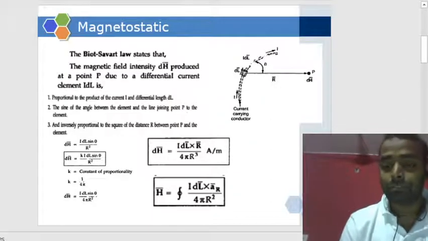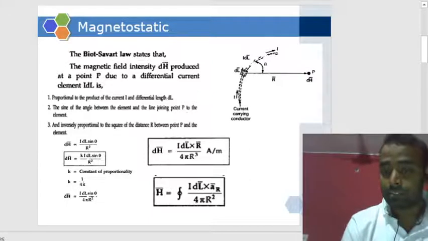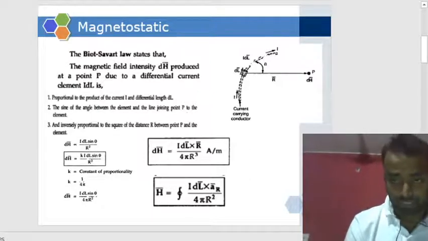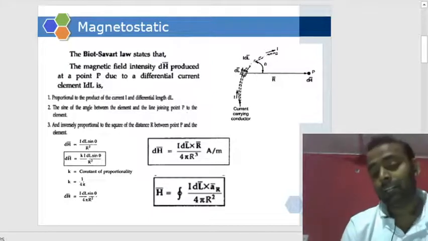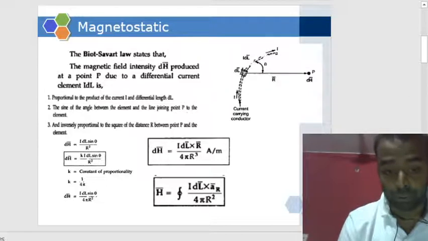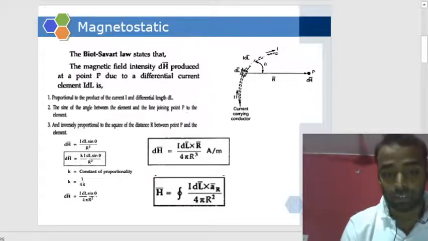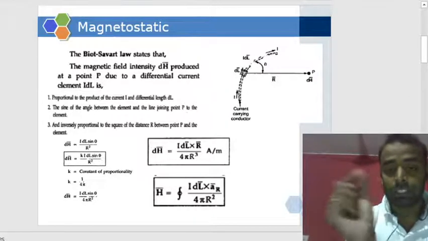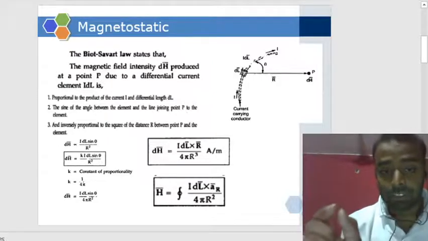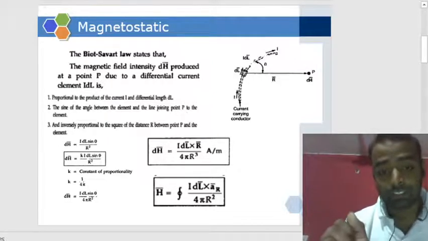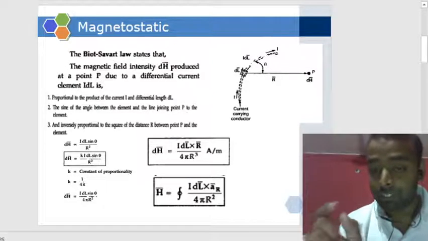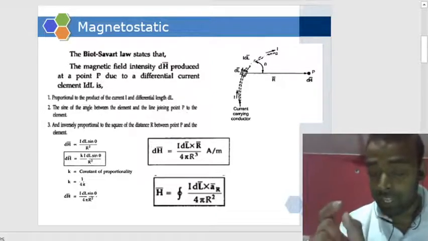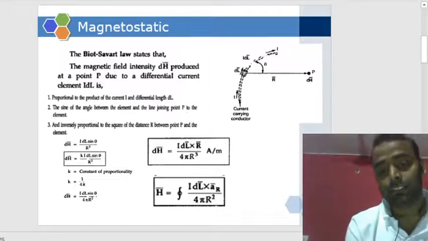So at a point P, which is at distance r from this differential length of current carrying conductor, the magnetic field intensity is directly proportional to, first of all, the product of the current which is flowing and that differential length.